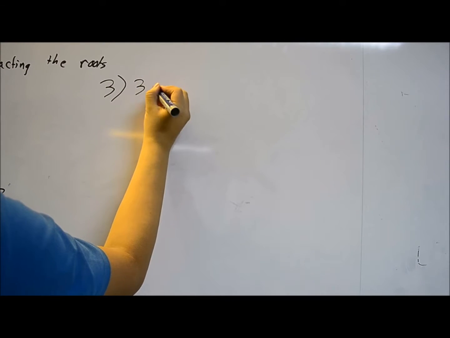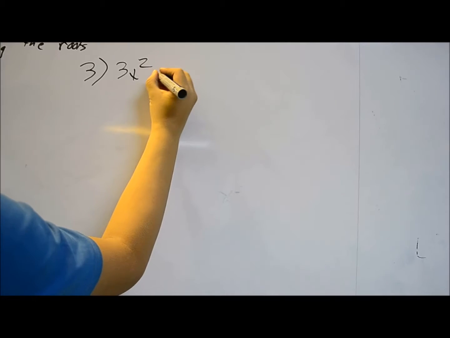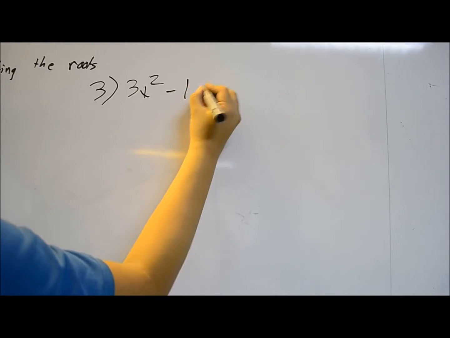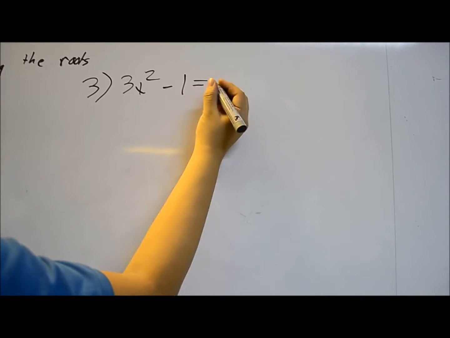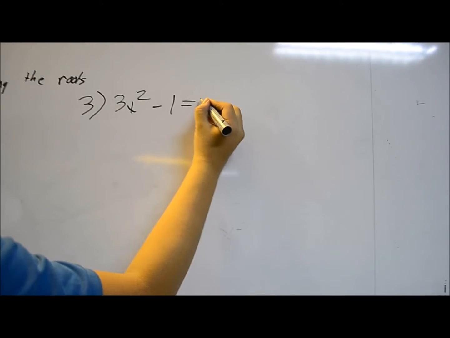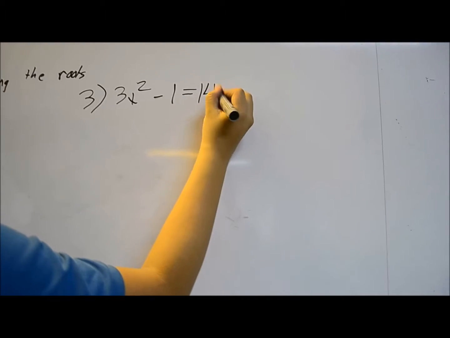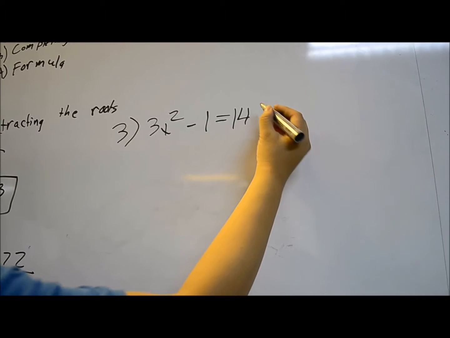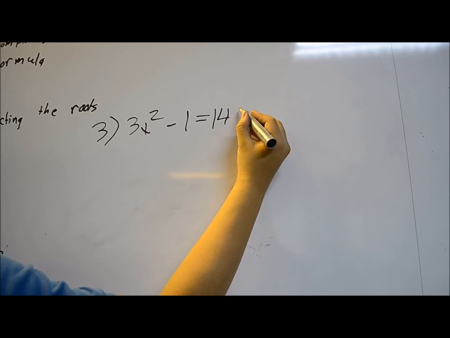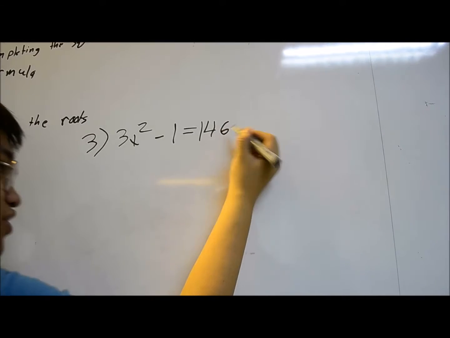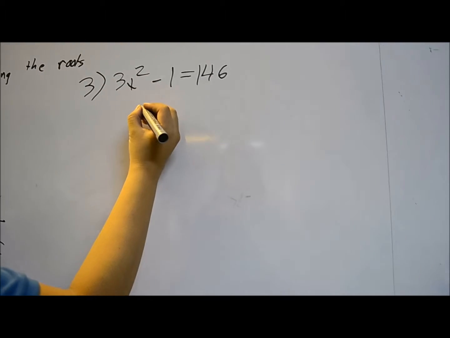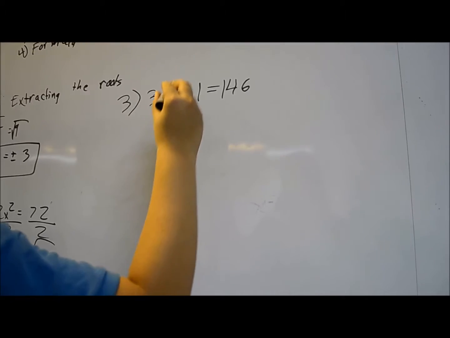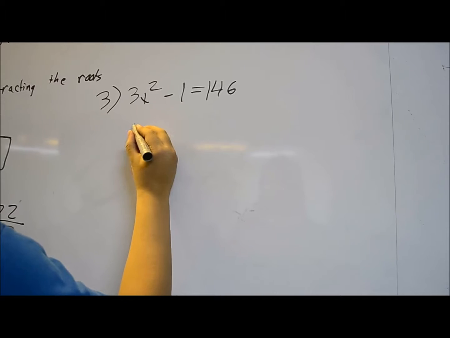Let's say 3x squared minus 1 equal to 146. Alright, the first thing we have to do is transpose negative 1 to the other side of the equation.